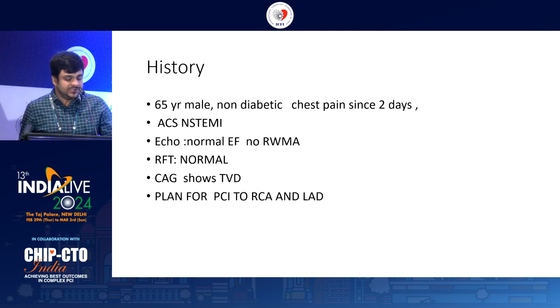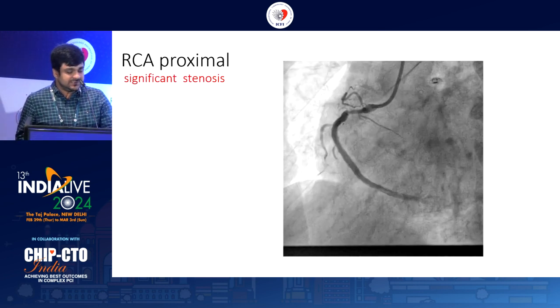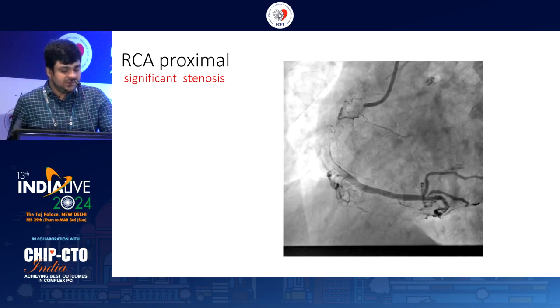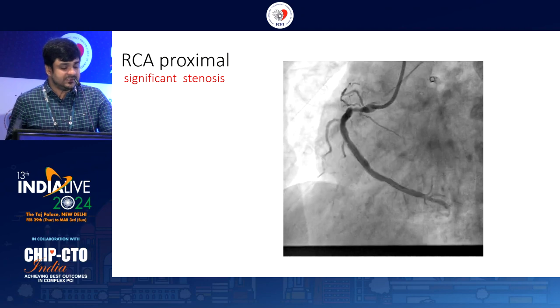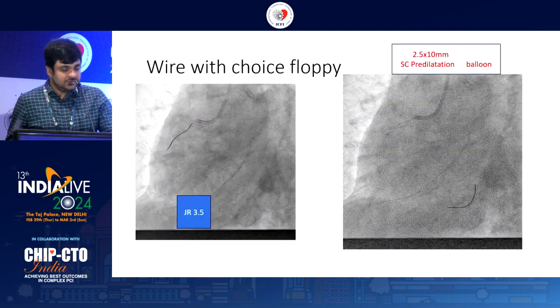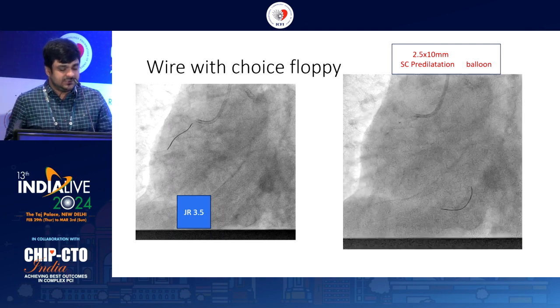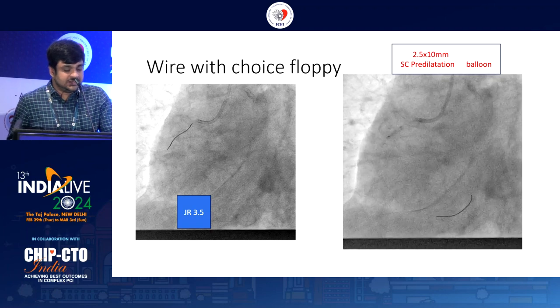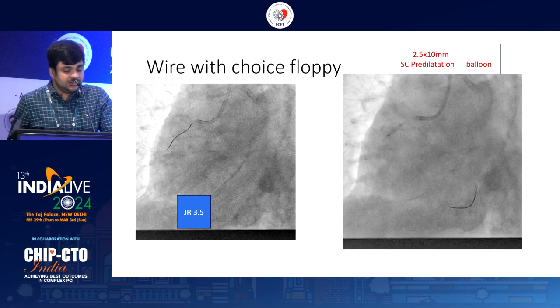We planned PTCA to RCA and LAD because LCX is diffuse disease and non-dominant. So LAD angioplasty was uneventful. Now moving to RCA, proximal RCA showing significant stenosis. So we planned PTCA with right radial approach. We wired with a Choice Floppy wire and predilated with a 2.5 by 10 balloon at 10 atmospheres.